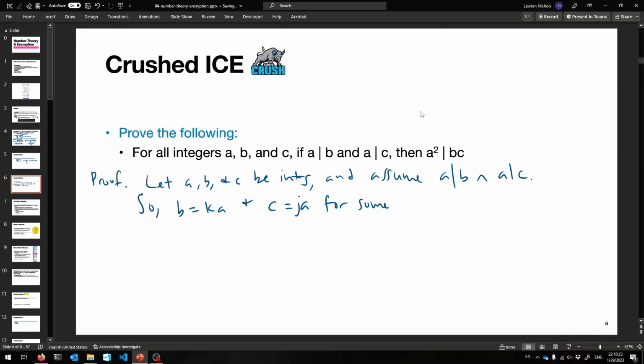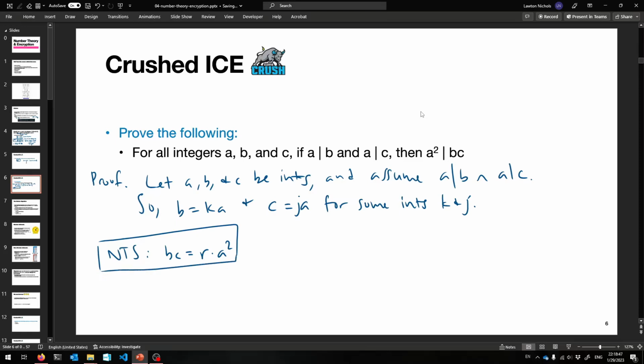Okay. Now what do I need to show? I need to show that a squared divides b times c. What is that equality form? It's like show that bc is equal to some integer multiple, call it r, of a squared. All right, I need to find some r now. And some integer r could be anything. I just need to show that this is possible.